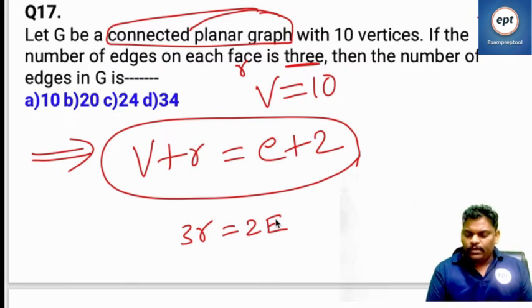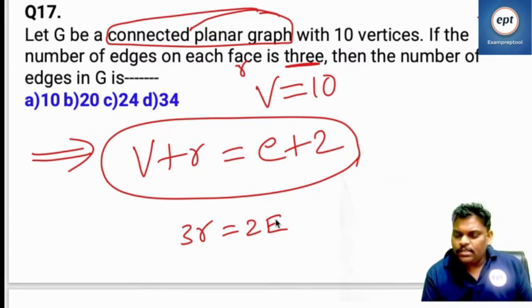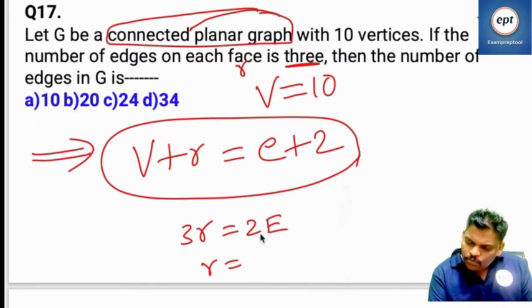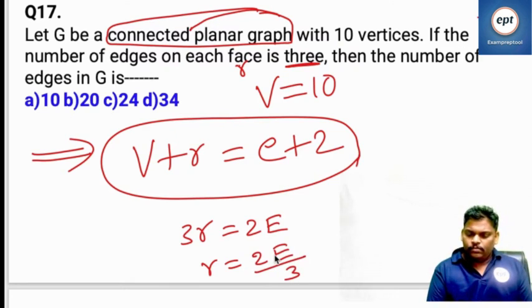The question is asking for the number of edges, so let me write: R is equal to 2E by 3.